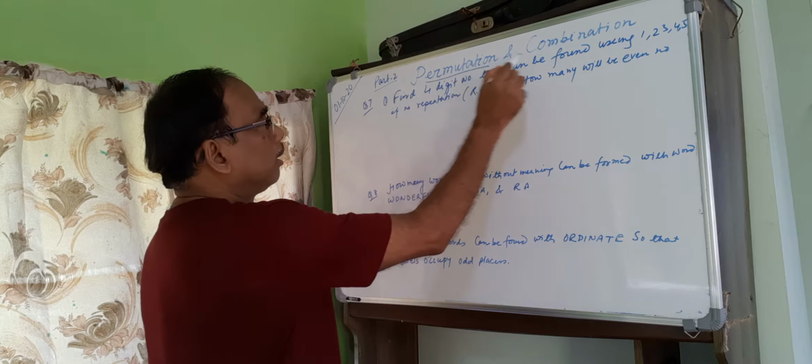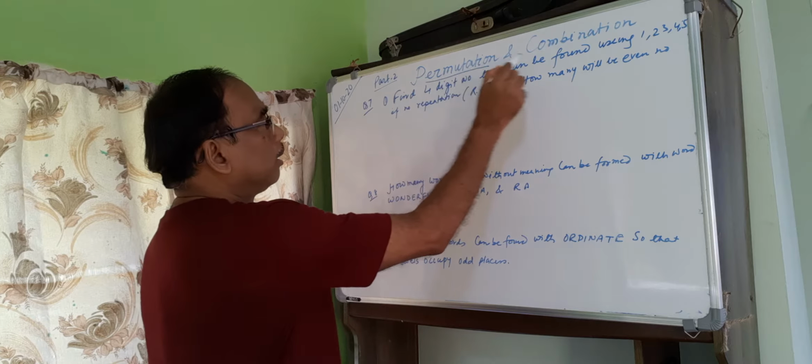And because there are 4 vowels and 4 consonants, the 4 consonants go in the 4 even places, and here "and" means multiplication.